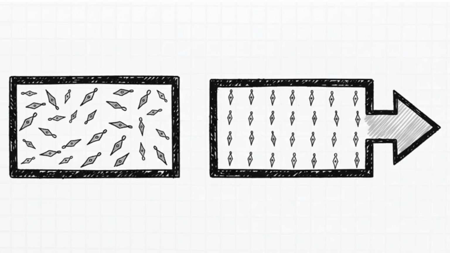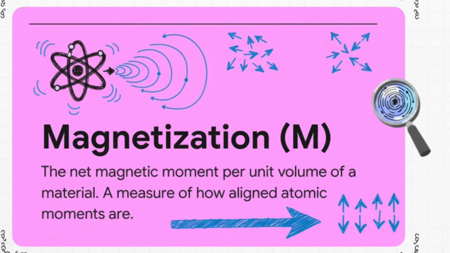Are they all organized, pointing in the same direction like a marching army, or are they pointing in random directions, canceling each other out? To measure this, we use a term called magnetization. All it is is a measure of the total combined magnetic moment in a certain amount of stuff. So if you have high magnetization, it means a ton of those little atomic compasses are aligned and working as a team. Low magnetization means they're all just a chaotic mess.